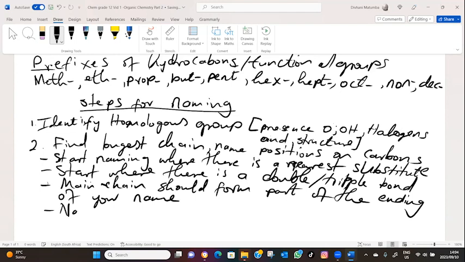Now, naming of the alkyl group is alphabetic.